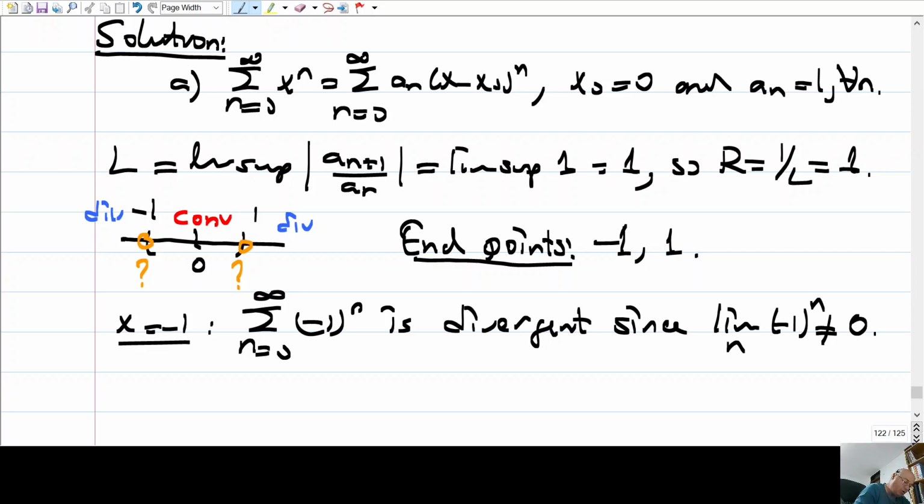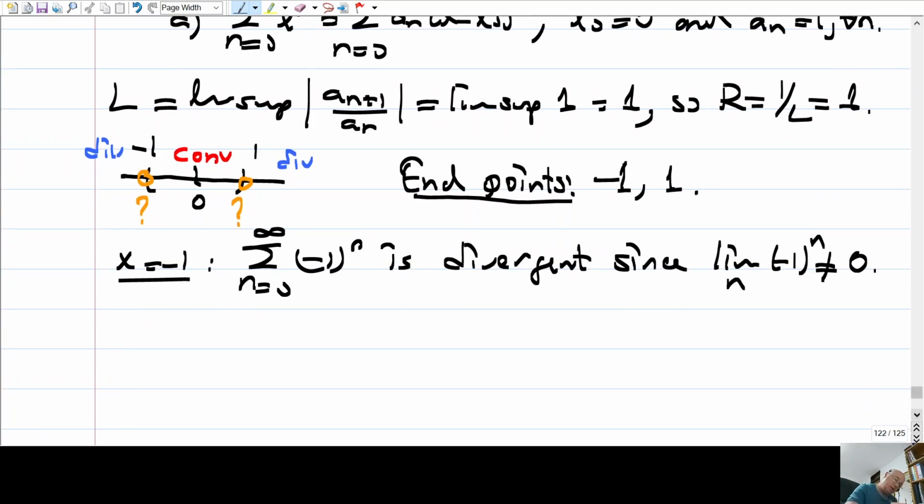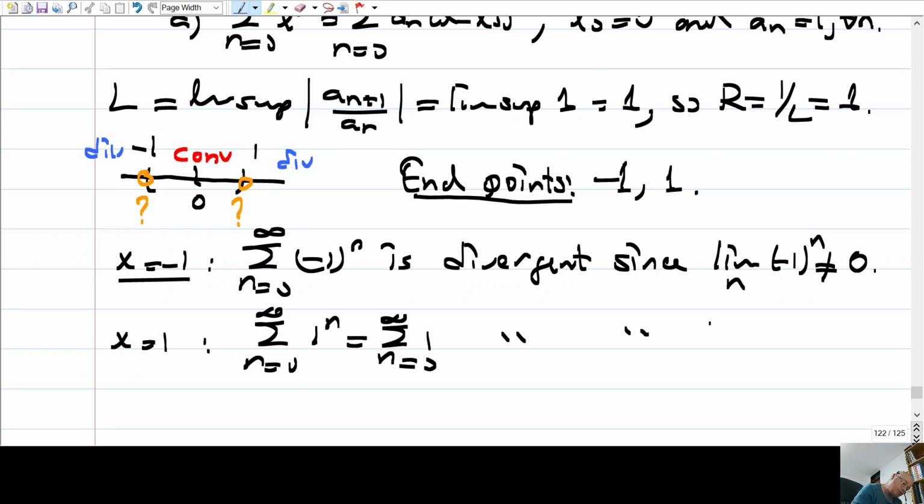If it were convergent, then this limit would be 0. Okay, what about x equals 1? Well, the same thing basically, right? 1 to the power n. So this is clearly divergent since the limit is not 0. Well, if you add ones, then you get infinite, right? So this is divergent.